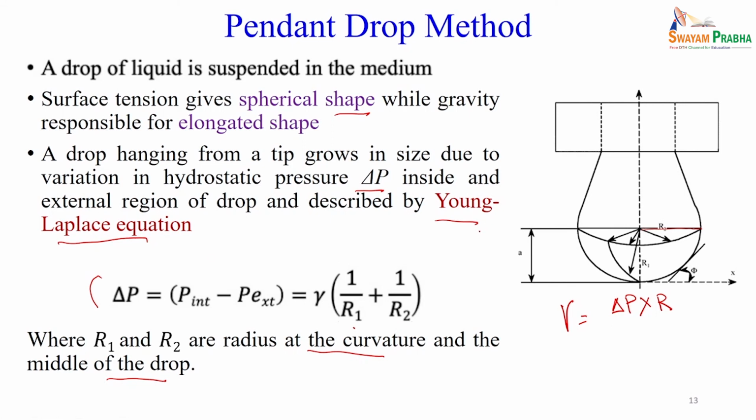So, using the very simple Young-Laplace equation, we have to estimate the delta P, and R1 and R2 we have to estimate from the image of the static drop, then we calculate the surface tension or the interfacial tension.